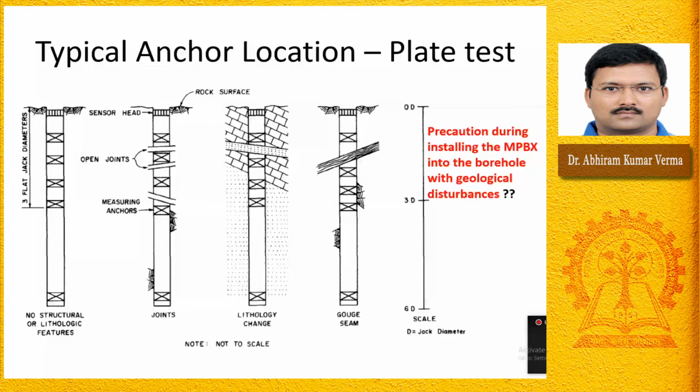Or nowadays, with the flexibility of purchasing gadgets like borehole cameras, we can procure a borehole camera and take a picture of the entire borehole, and through that we can find out where the cracks are. And based on the location of these cracks we can place our anchors.